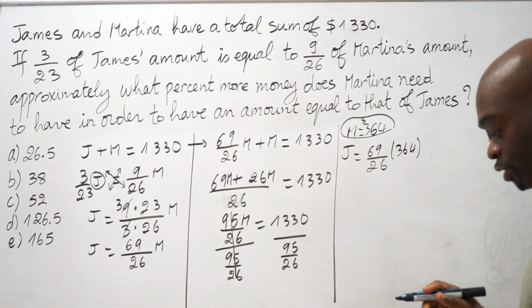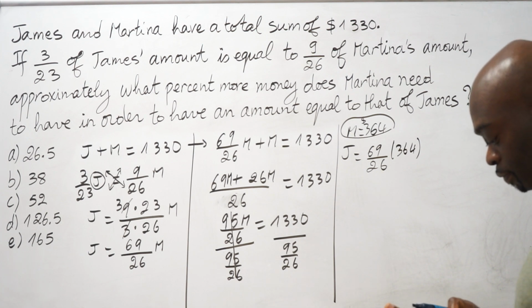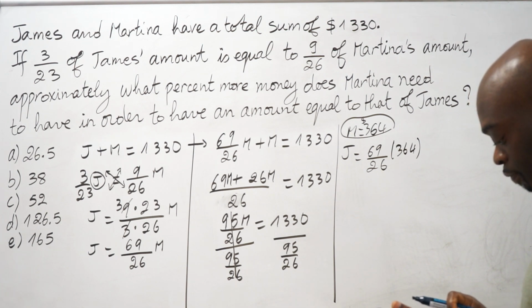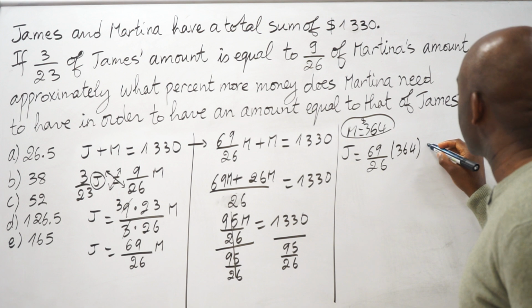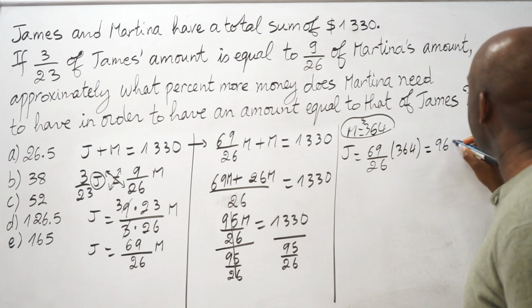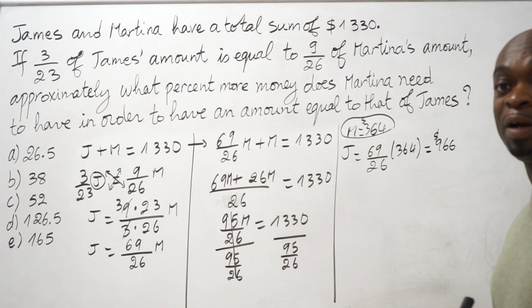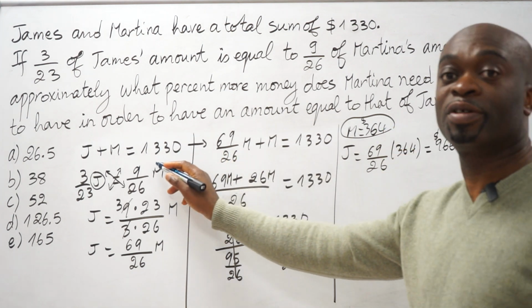So we do the operation over here, and for James that gives us $966. And of course, if you add these two together, you should get 1,330.